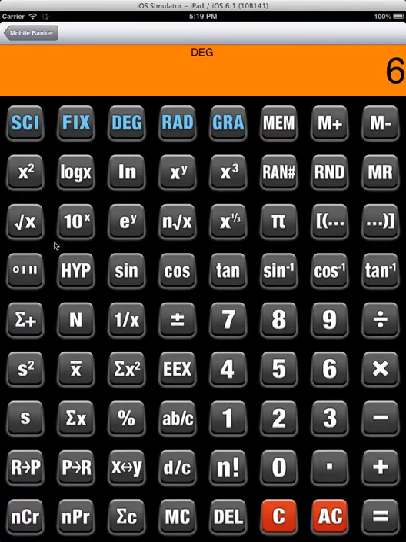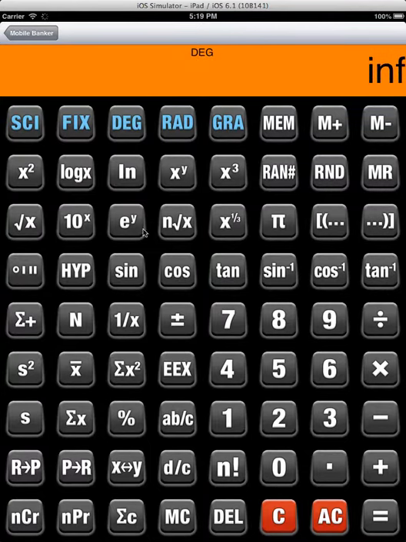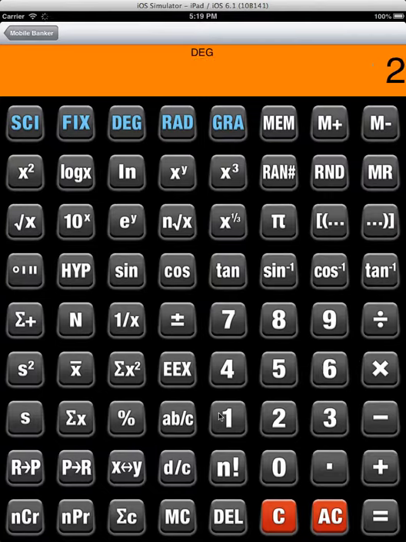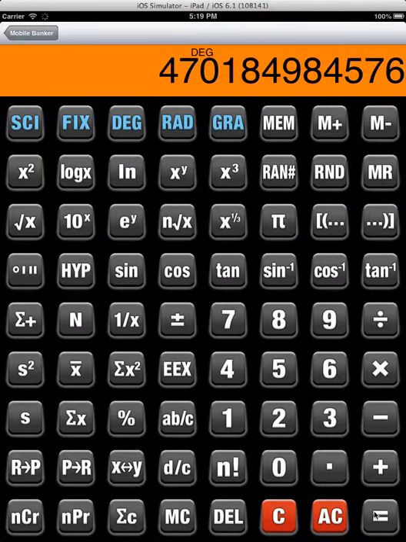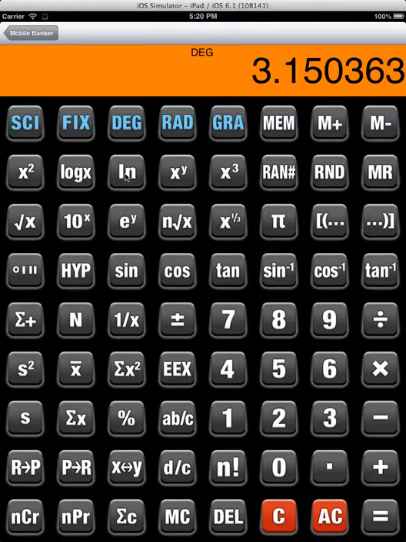Then let us get into square root, square, 10 to the power x, e to the power y, and say 216 cube root and cube. So x to the power y, this to the power 5 equals this, or square of this, and log of this, natural log.